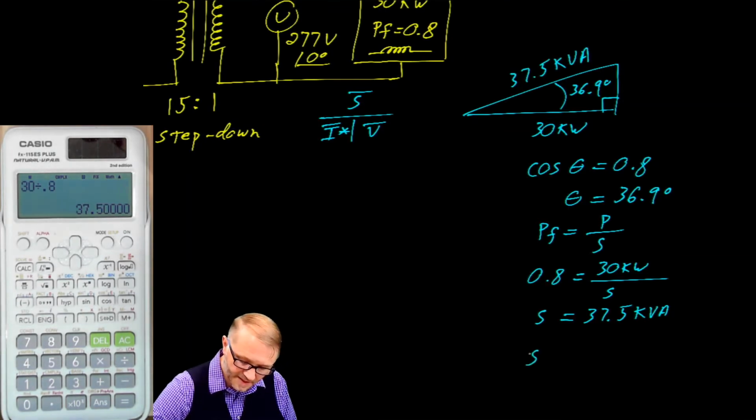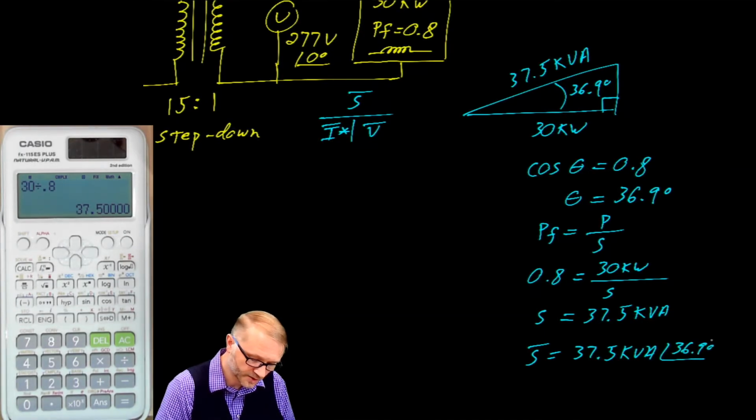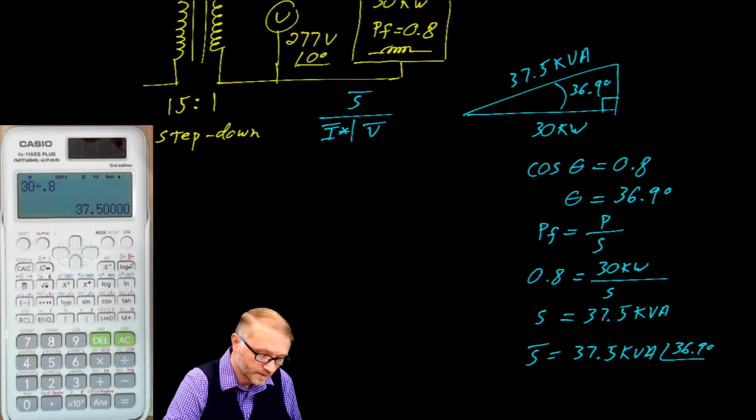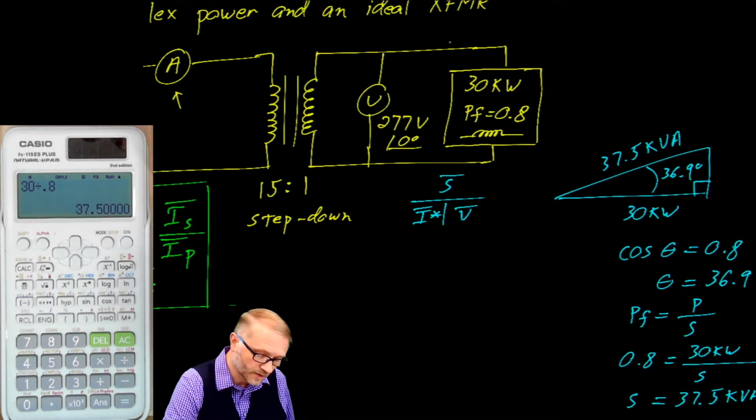Finally, we can say that S, the vector, is 37.5 kVA at a phase angle of 36.9 degrees. Which brings us back to our original problem. What is this current right here?